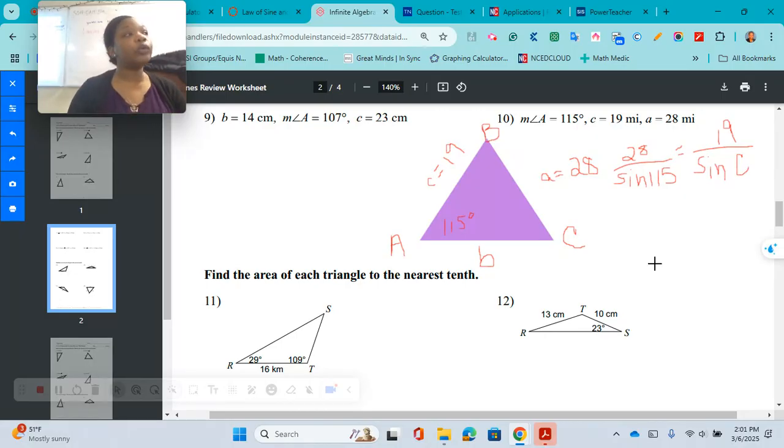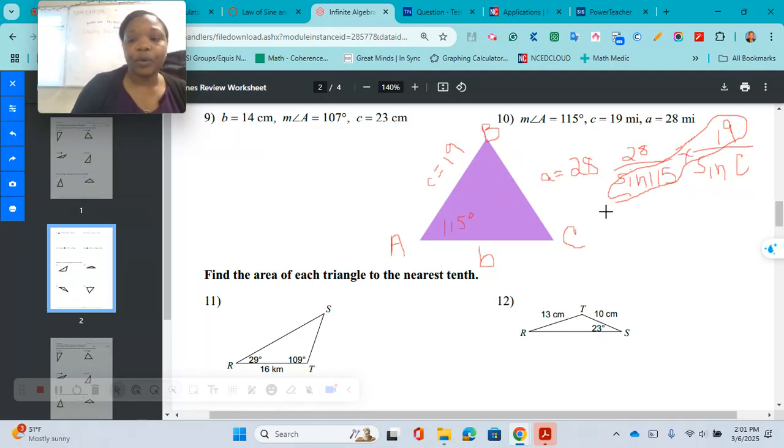What will we cross multiply? The sine of 115 and 19. All right.